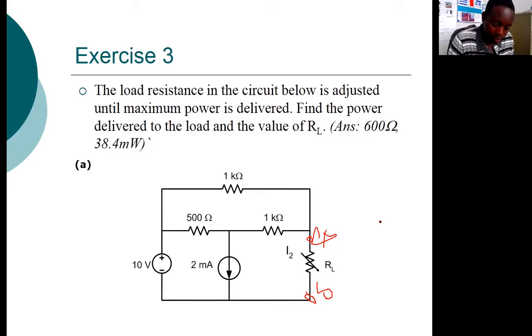Should be 36 over 4 R Thevenin, that's 2.4? I don't know if I got my working wrong.